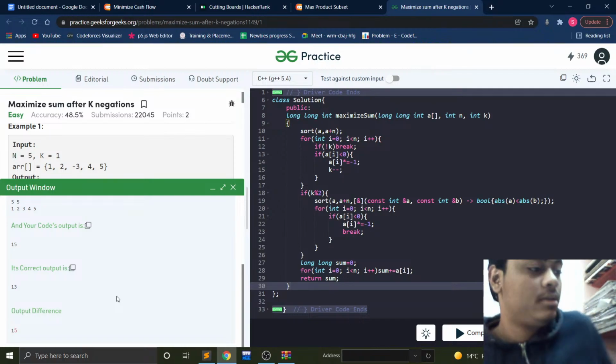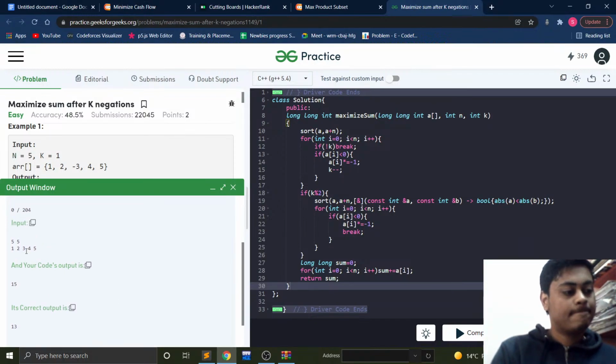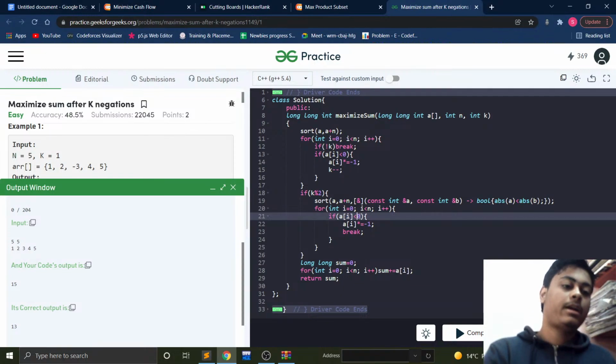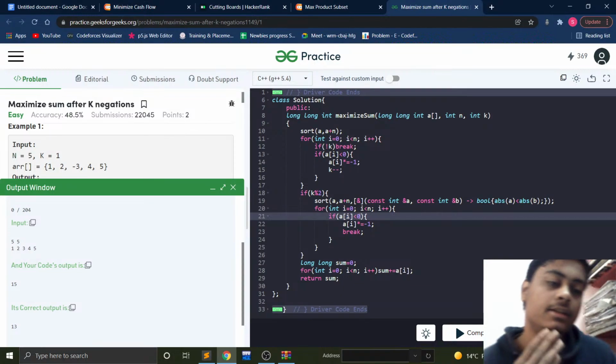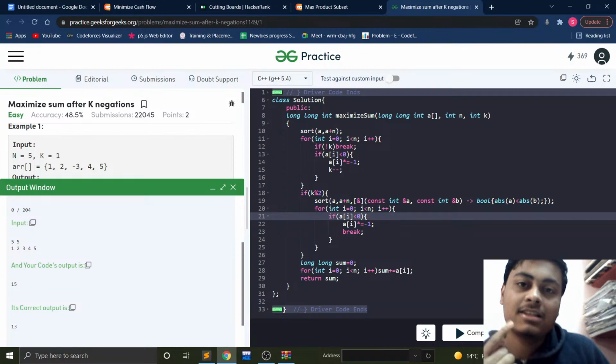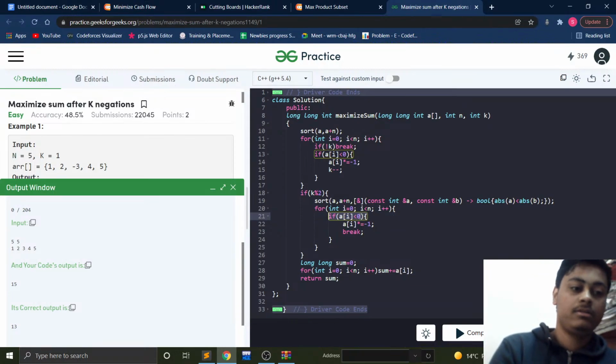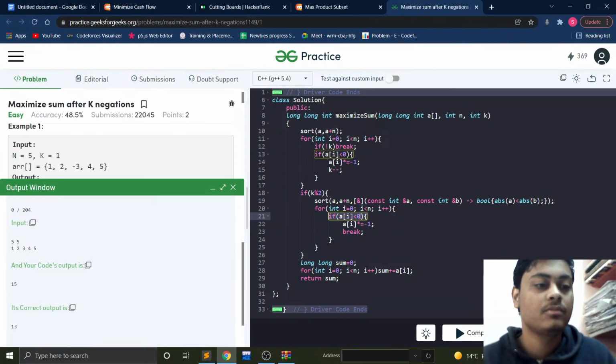Its correct output is, why did I not? My bad. Yes, my bad. If k mod 2, I just said that I won't be remaining with any negative numbers, but now I'm writing it like this without any logic.